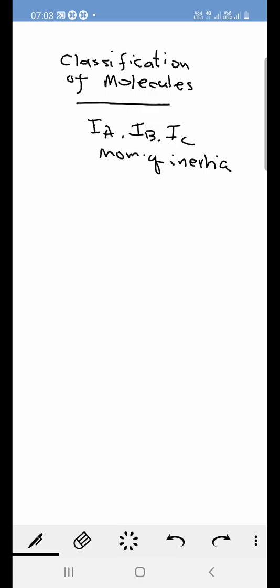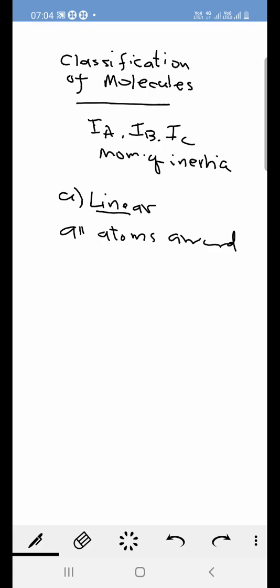Now, first, let us start with the first group, which is called the linear molecules. In linear molecules, all the atoms are arranged in a straight line.